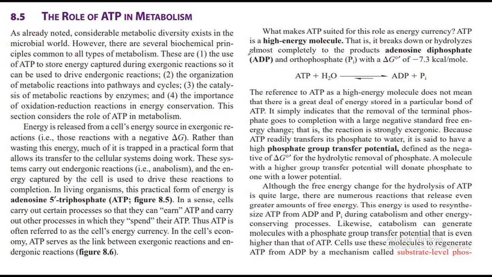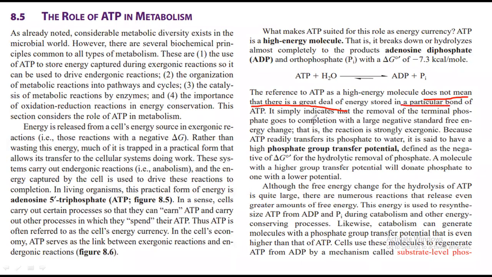Again I'm telling you that the reference to ATP as a high energy molecule does not mean that there is a great deal of energy stored in a particular bond.